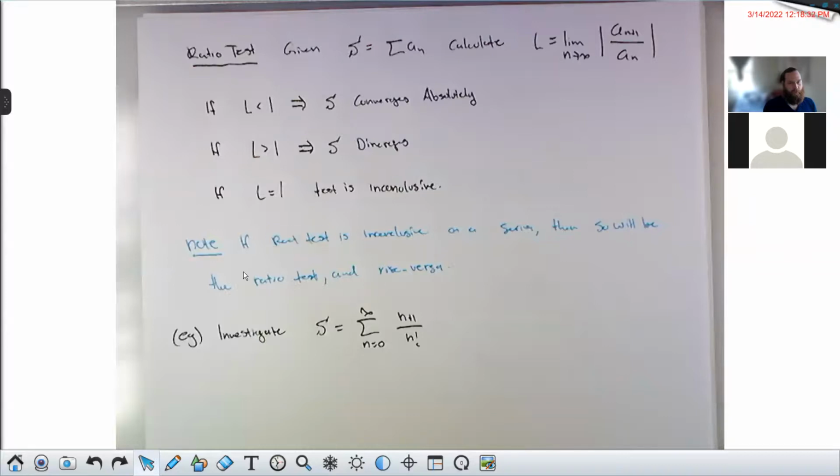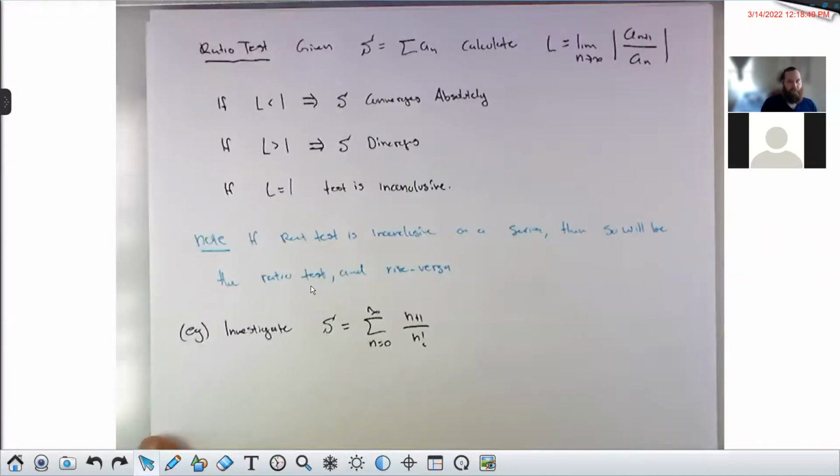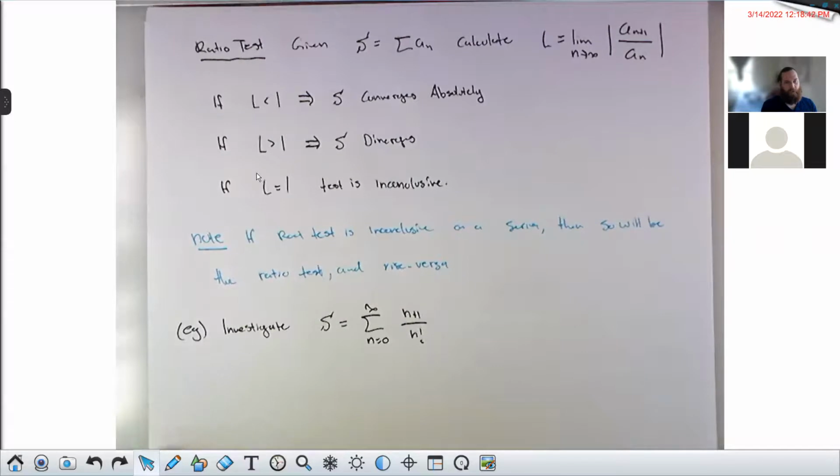So this is root test, this is ratio test. In other words, the two tests fail on the same series. All right, I would say that L coming out to 1, this being inconclusive, means the test has failed me. It's not giving me a definite answer. A fun problem is to figure out what series the tests fail on. And I'll give you a hint. Any ratio of polynomials, when you plug that into the root test or ratio test, you should get a lot of cancellation.